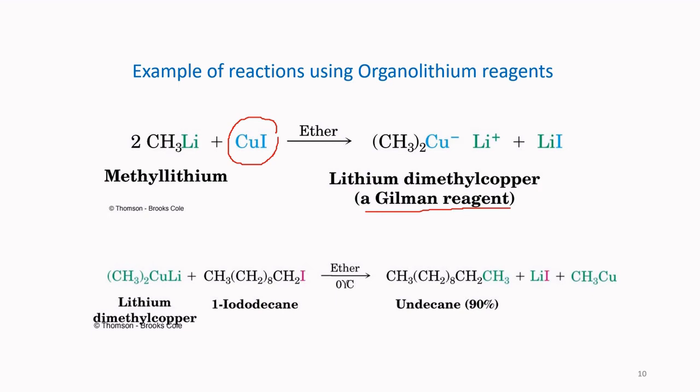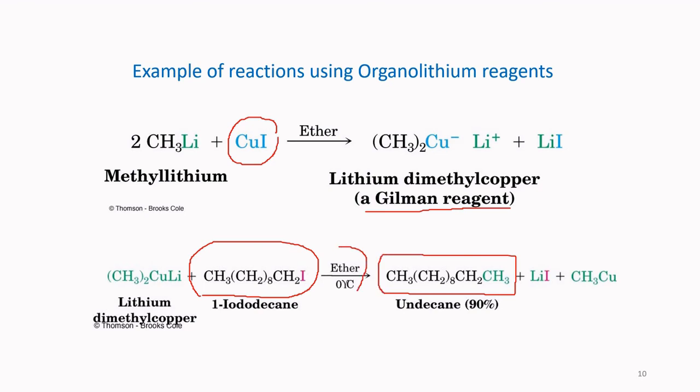And now this lithium dimethyl copper can be used to form alkane by reacting it with alkyl halide. So in this case it is 1-iododecane, and the reaction is carried out in ether, and it can give us undecane, or a long chain alkane, as drawn here.